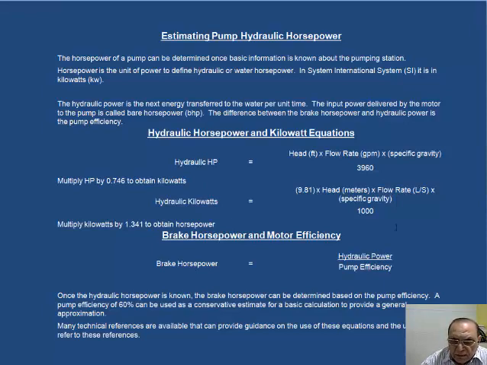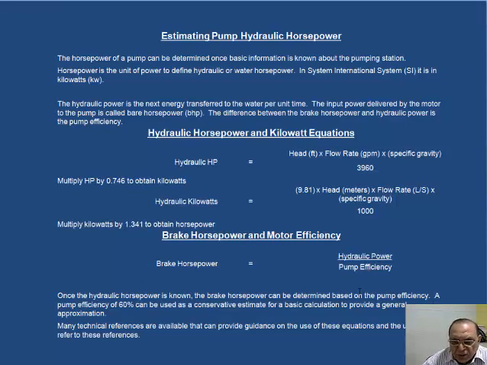Generally, we have to add those things, which in the terms of engineering is known as a brake horsepower. So this is the hydraulic power calculated through these equations and divided by the pump's efficiency will give the total brake horsepower.